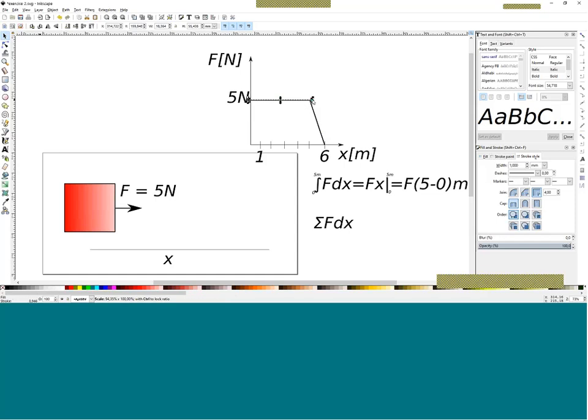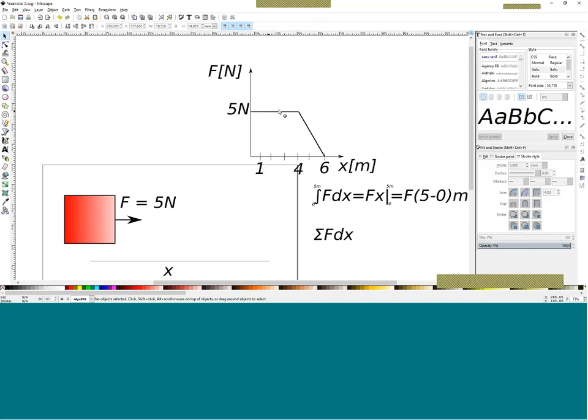Actually, let me simplify it for you guys. Make this go to 4. There you go.